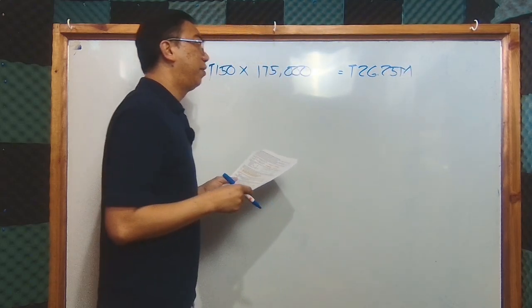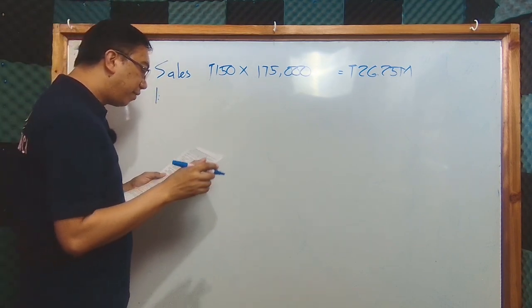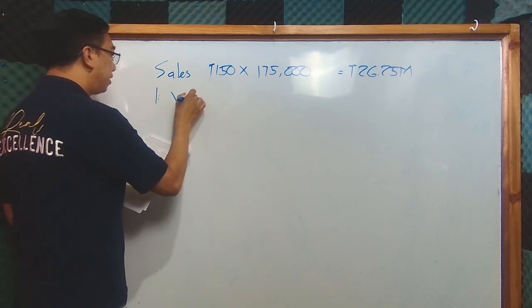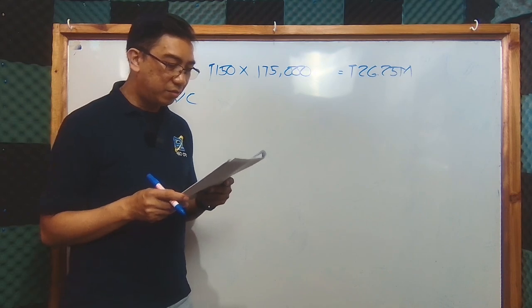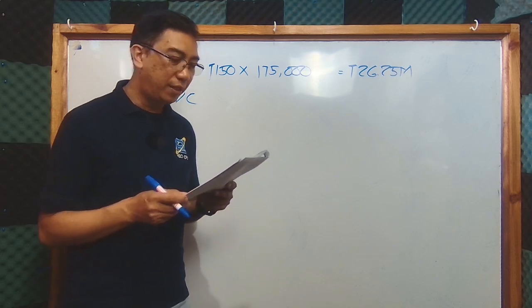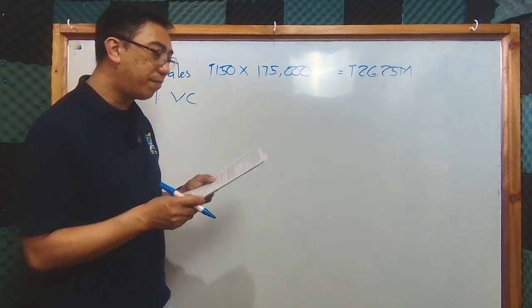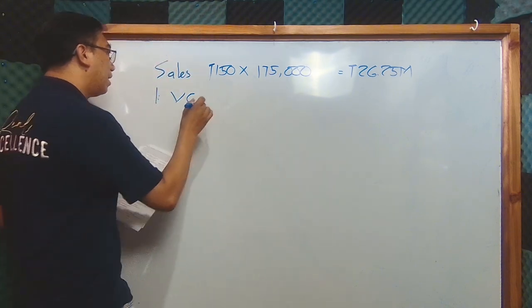Okay, 26.25 million. Less the variable cost. Okay class, yung variable cost natin. Ano sabi niya sa variable cost? Ang sabi niya sa variable cost, it is expected that there is a 20% reduction in the variable cost. So, magkano nga ba original na variable cost natin? It is 60 pesos. O, sige class, 60 pesos.